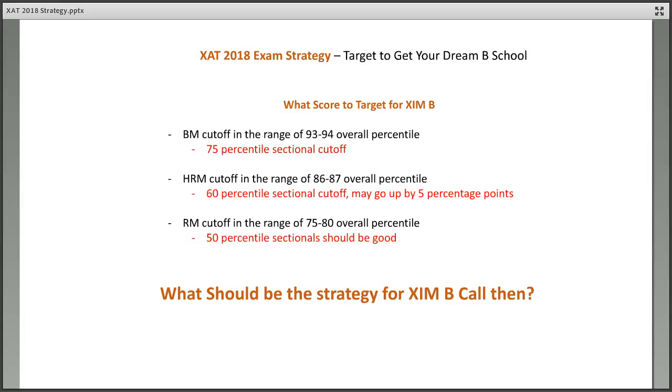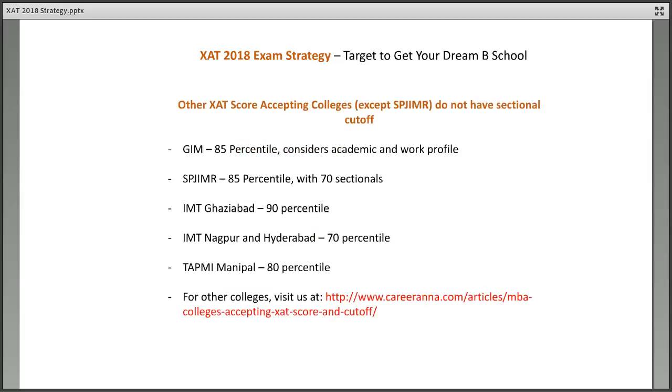For rural management, the cutoff could be somewhere between 75 to 80, and 80 plus would be a very safe score to get a call from the rural management course of XIMB. And hence, for XIMB, you need not worry a lot about sectional cutoffs. Just focus on increasing your overall score the more.